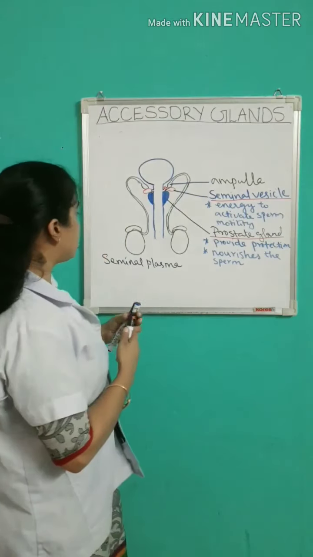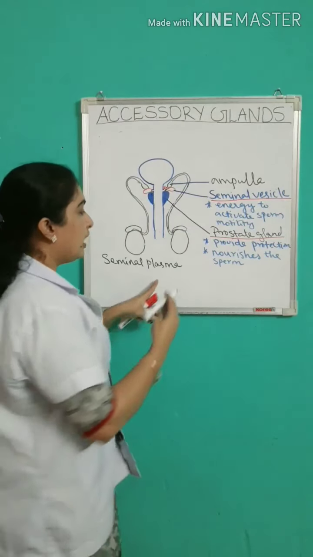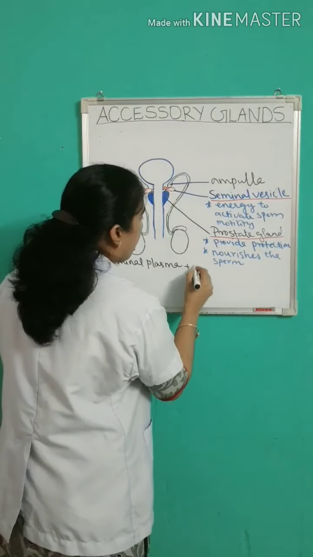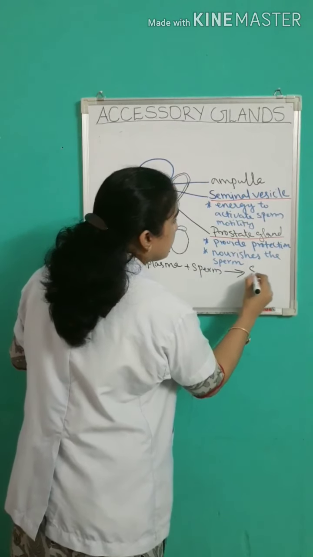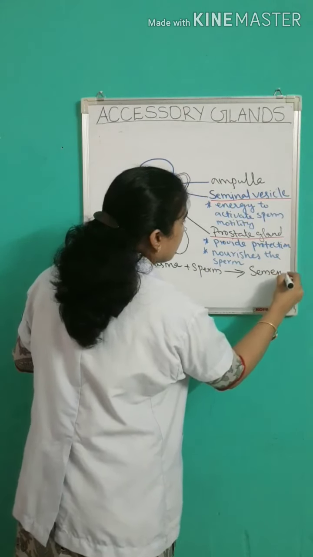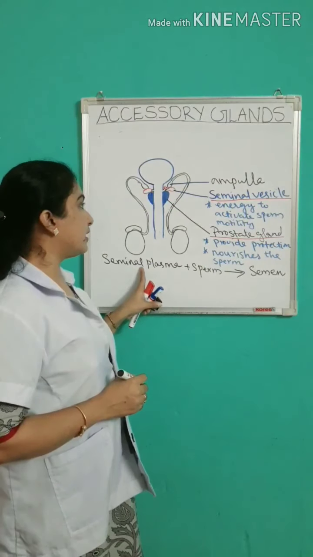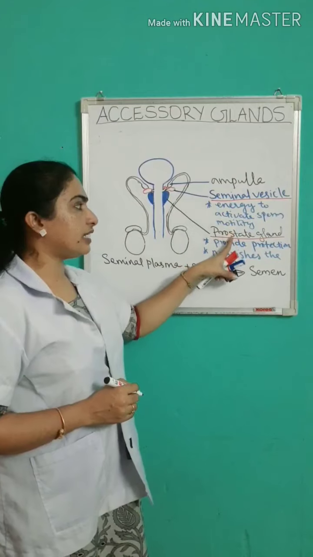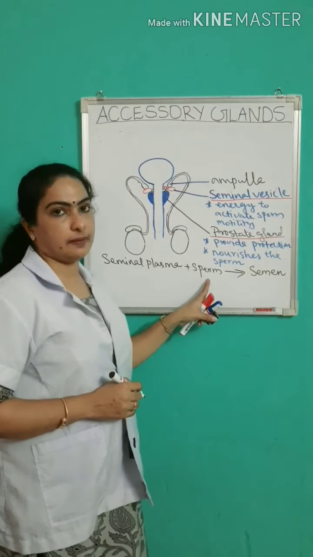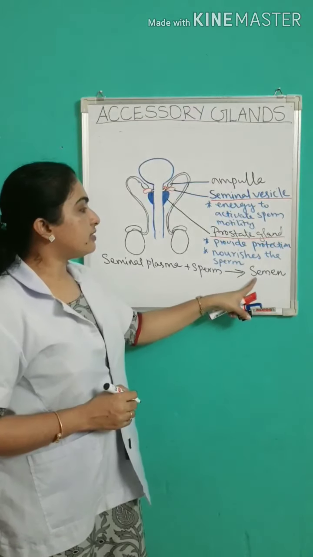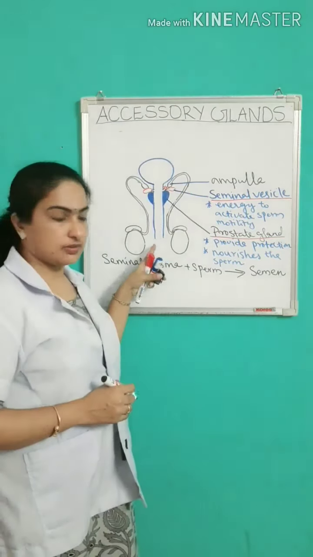So the secretions together are known as seminal plasma. The seminal plasma along with the sperm is called semen. So semen is a fluid which consists of the secretions of the seminal vesicle and prostate gland, known as seminal plasma, and sperm. And this semen passes through the urethra.